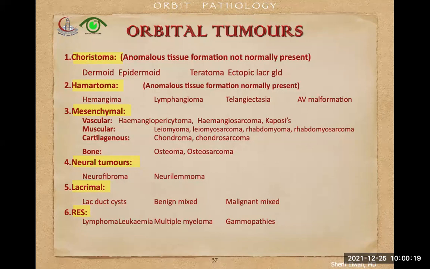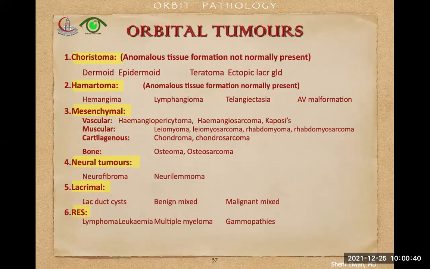Now the mesenchyme. The mesoderm gives rise to the vessels, the muscles, the cartilage, and bone. So all these tissues might give origin to tumors that are mesenchymal tumors.